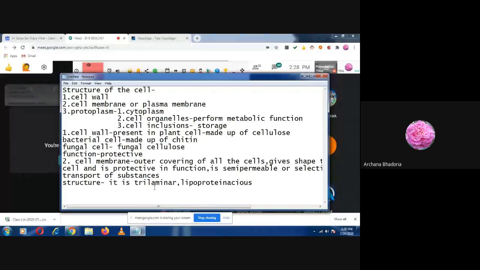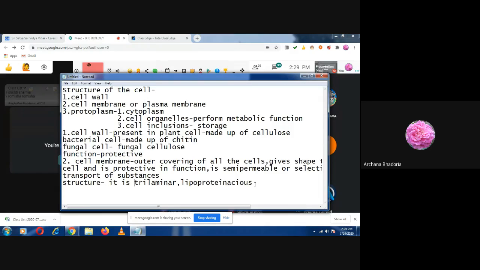Trilaminar and lipoproteinaceous. Break the word and then say. Yes, Harish can say. Lipoproteinaceous, and the first word, trilaminar.